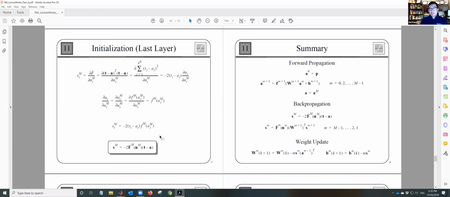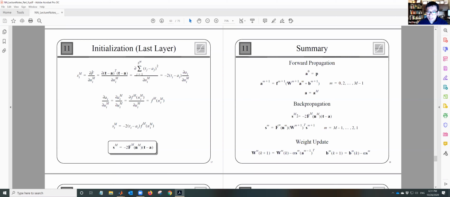So let me put it in a nutshell, okay? Forward propagation: in the first layer, you have an input, and you put it through the nested function. You propagate forward, and then you get the output. Your output doesn't match the target, so you get F, the performance index. Then you calculate the sensitivity in the last layer.